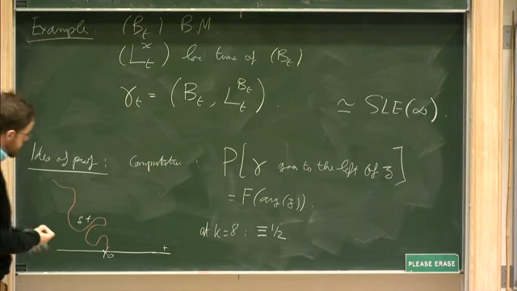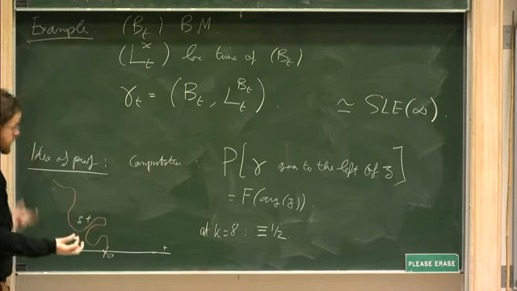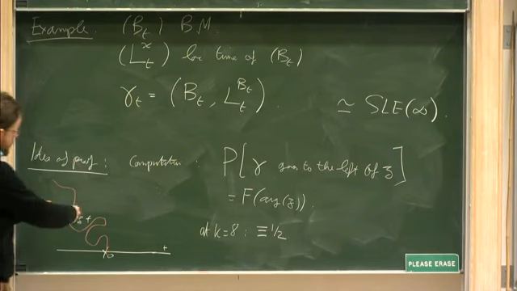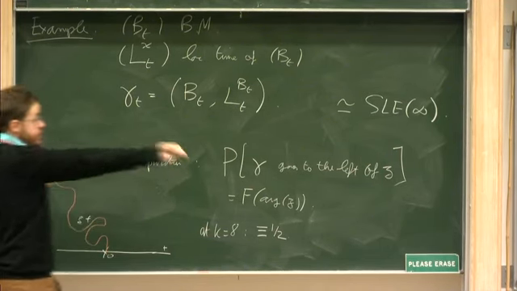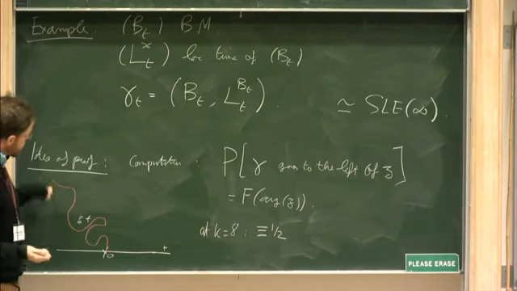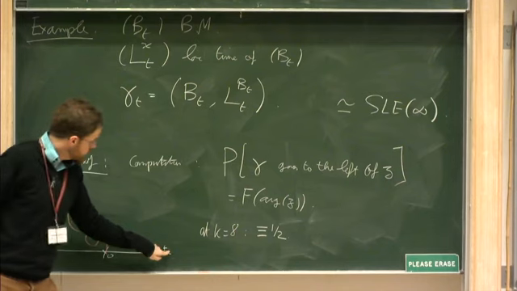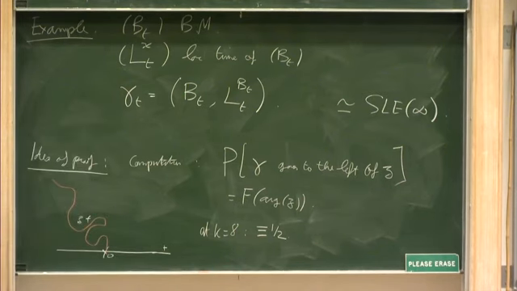So what it means is that if you want to show that a point is on the curve, whatever the curve does for time t, even if this point is marked very far away so it would not be touched by the curve, the future of the curve still has probability 1/2 to go below. So this is the kind of computation that will tell you that something like this happens at kappa equal to 8, that some events that should have a very small probability, like touching a given point on the axis, in fact turn out to have a positive probability, or probability 1.